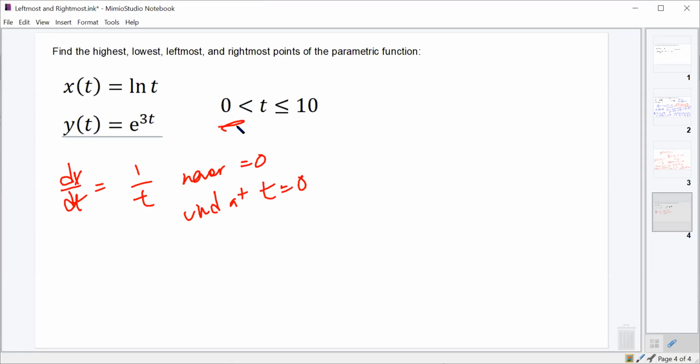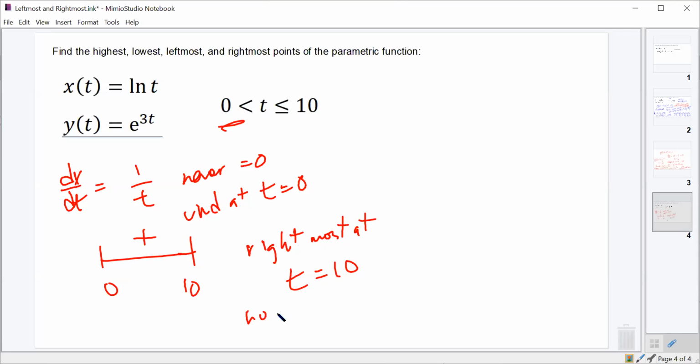All right, so the only option for a highest or a lowest point would be at t equals 10. And you should be able to tell whether it's higher at something, if we make a sign chart between 0 and 10 and plug in something to the derivative, well, this is always going to be positive, so this should always be increasing. So we should see that our rightmost point should be at t equals 10.